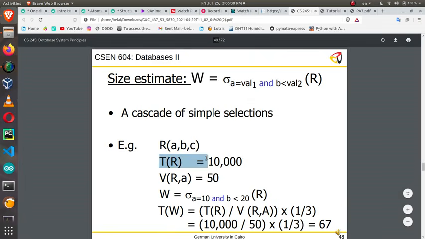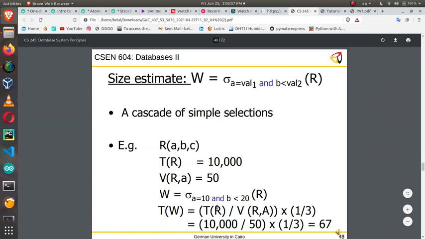We have T of R, the number of tuples in table R, equal 10,000, and the number of distinct values in table R for column or attribute A equal 50. Okay, and we have illustrated this just a few moments ago, and its rule is T of R over V of R, A according to the probability theory.